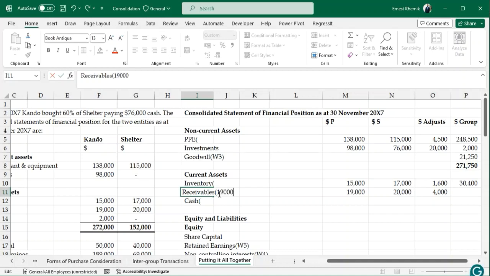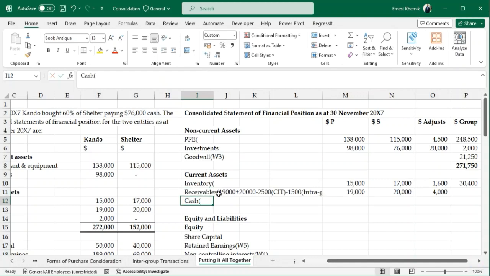Let's make life easy for you. 19,000 plus 20,000 minus 2,500, which is, we can put a little bracket here, cash in transit, CIT, and then minus 1,500, and then you can put brackets here, and intra-group, just something to show it, okay, so that you can close the main bracket and then you can hit enter.